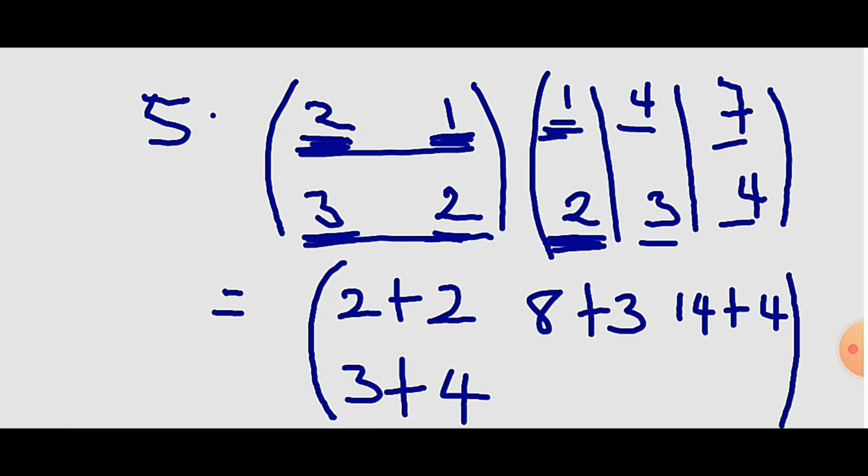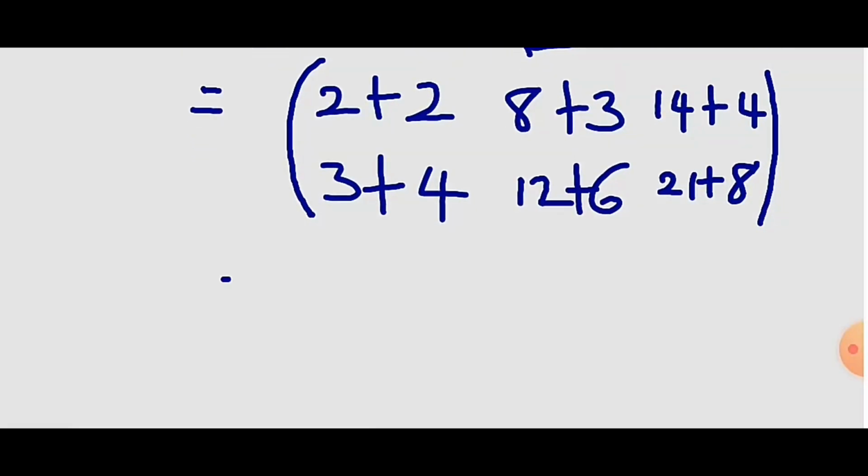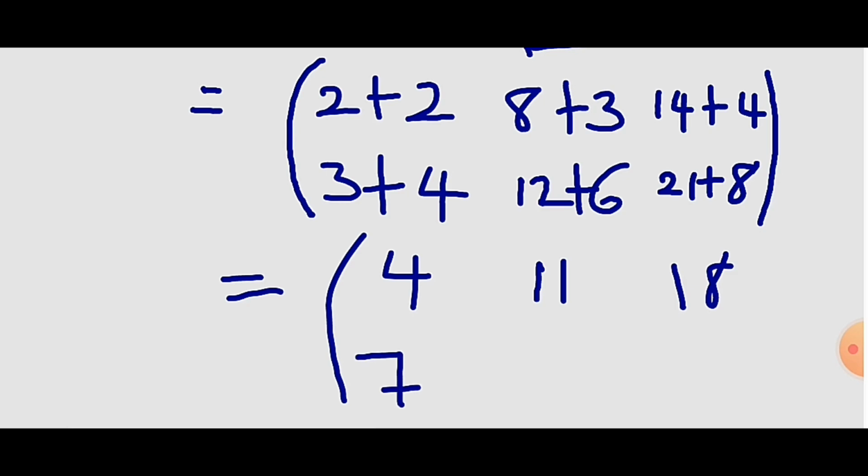So 3 times 4, we get 12, plus 2 times 3, that is 6. 3 times 7, that is 21, plus 2 times 8, that is 8. This will now give us 4, 11, 18, 7, 18, 29.